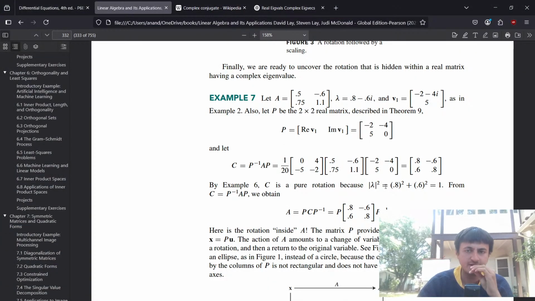So you let it be the real component on the first column, and the imaginary part of the eigenvector on the second. Okay, from C equals P inverse AP.